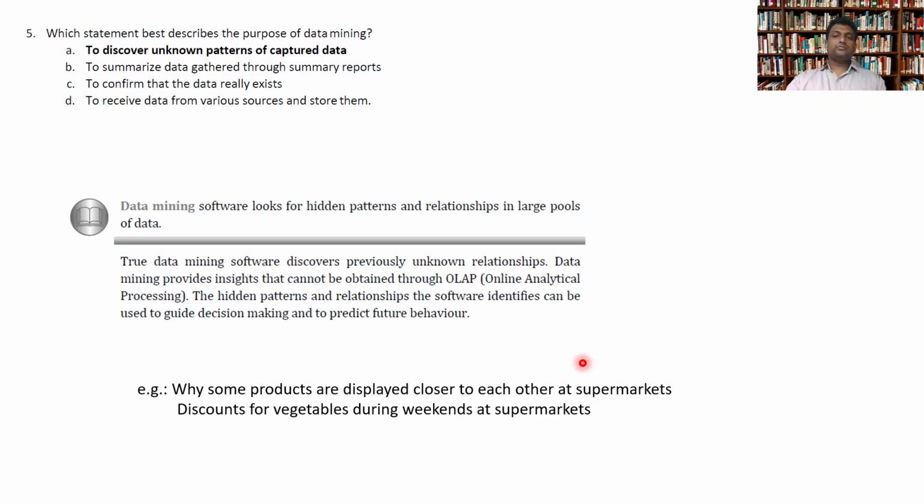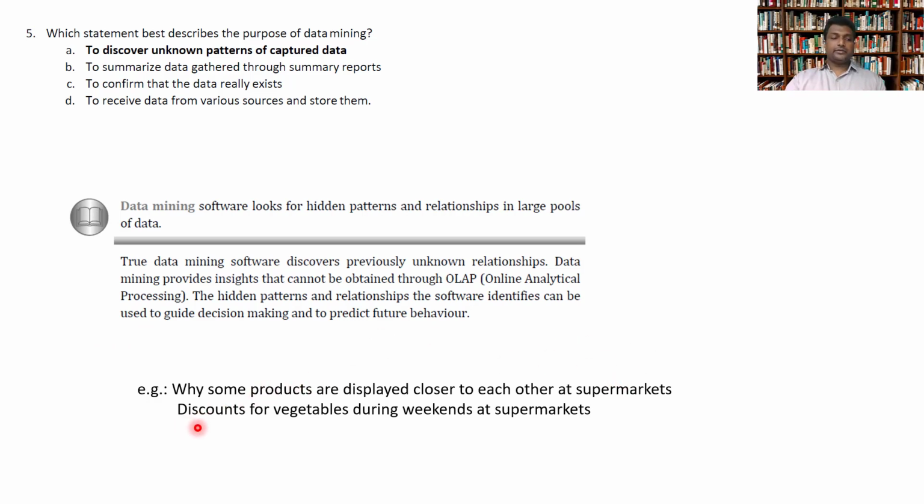Sometimes some supermarkets keep it together because they have found that during the past period of time, maybe last many years, people who bought bread had a high percentage of buying eggs as well. So through data mining, some supermarkets have identified that when buying bread, people tend to buy eggs.